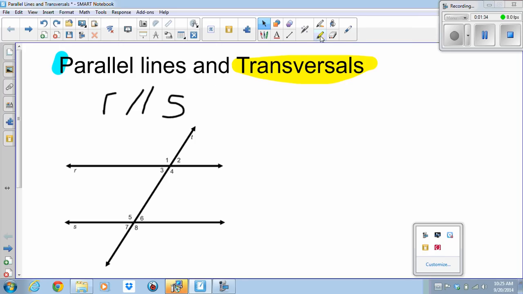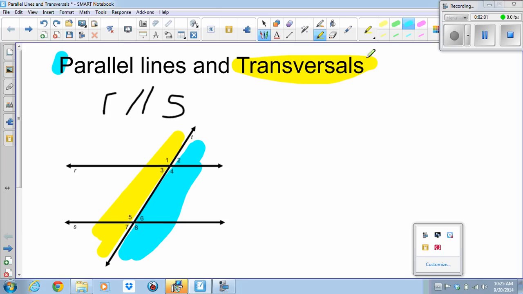If they're on the same side, they're on the left of the transversal. So angles 1, 3, 5, and 7 are all on the same side, and 2, 4, 6, and 8 are all on the same side as well.